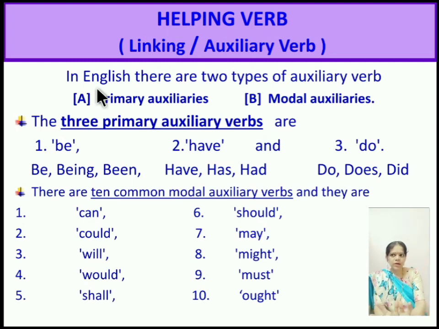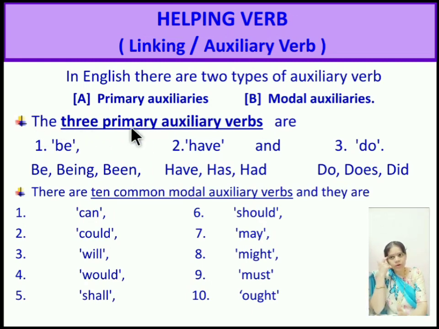I have blended it into helping, linking and auxiliary verbs for better and simpler understanding. So let's move on. In English, there are two types of auxiliary verbs. The meaning of auxiliary itself is helping, to support. So the primary auxiliary and the modal auxiliaries. Right now, we're not concerned about modal auxiliaries. So we're just going to focus more on the primary auxiliary verbs.